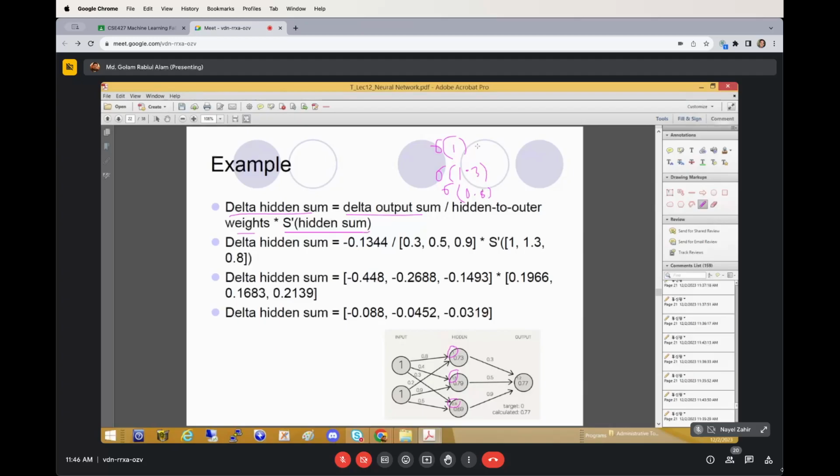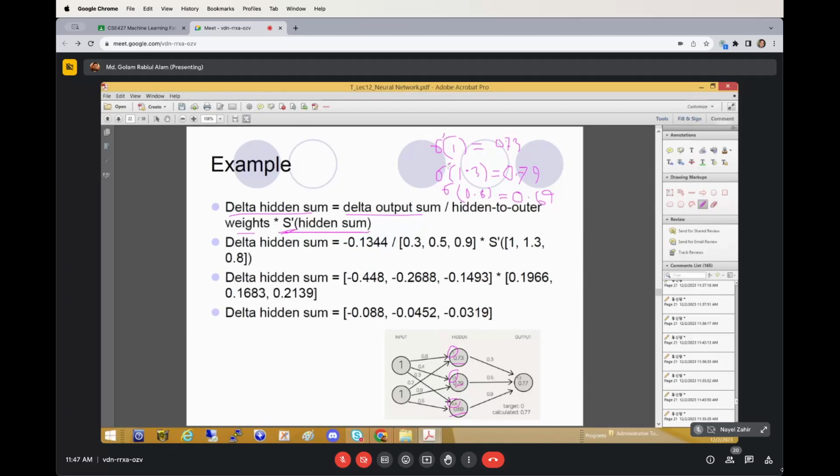We already know these values: the first is 0.73, the next one is 0.79, and then the next one is 0.69. But what we need is the derivative, the derivative of the sigmoid.